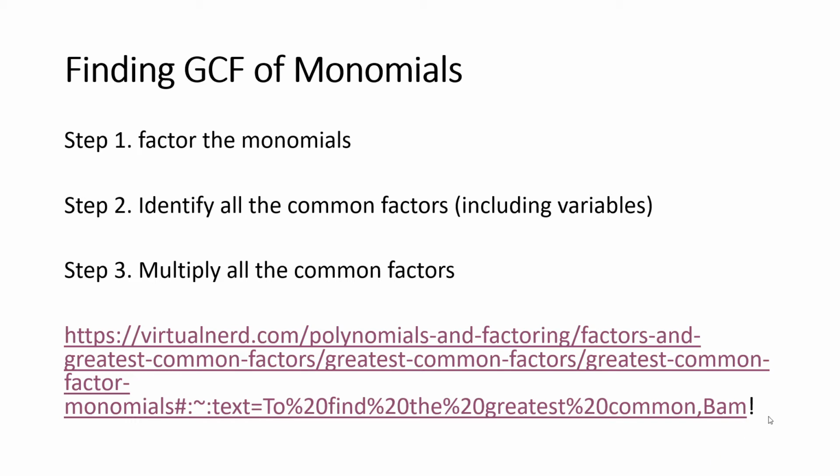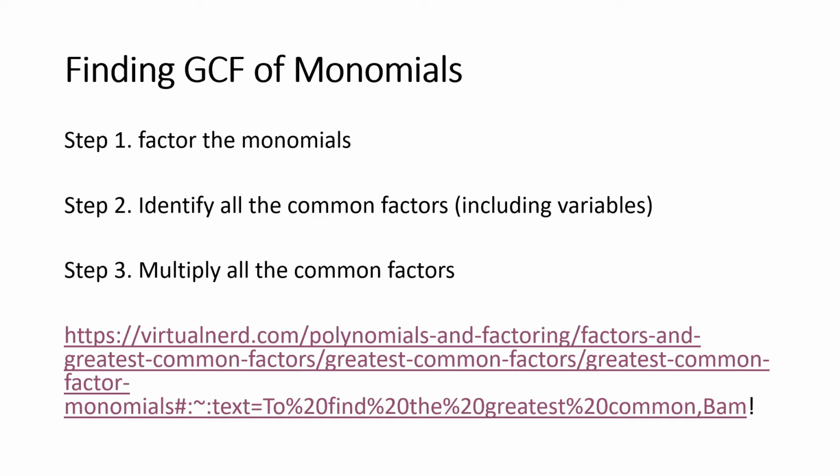The next step is to take these common factors and write them down in a list. To do this, just look at one of the factored monomials and write down any of the circled numbers. So let's look at this first one. We have 2, x, and y. So those are our common factors, 2, x, and y. But we're not looking for the common factors, we're looking for the greatest common factor.